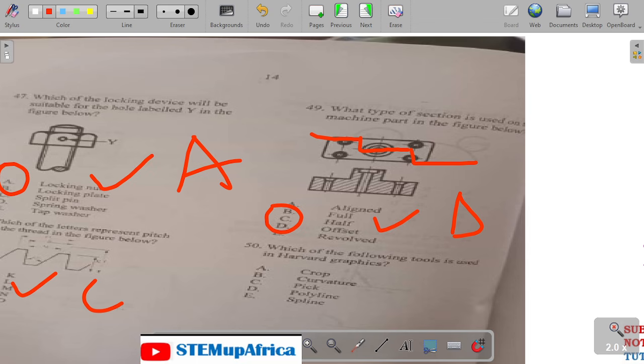Don't think so. Is it curvature? No. Is it peak? No. Is it polyline? No. I think it should be 50. Is it spin? No. Polyline, that should be polyline D.